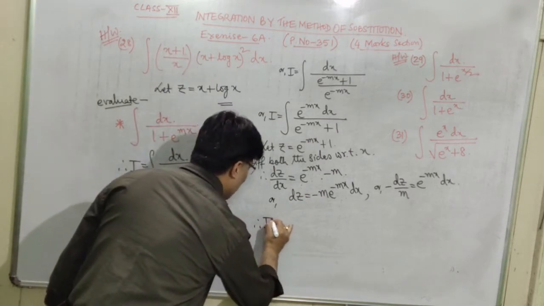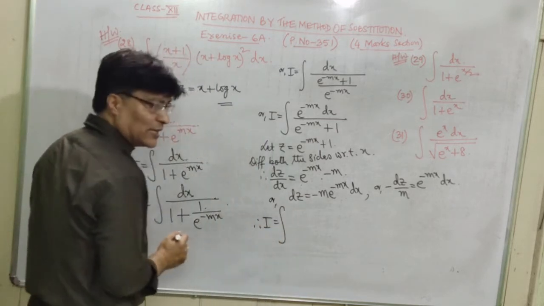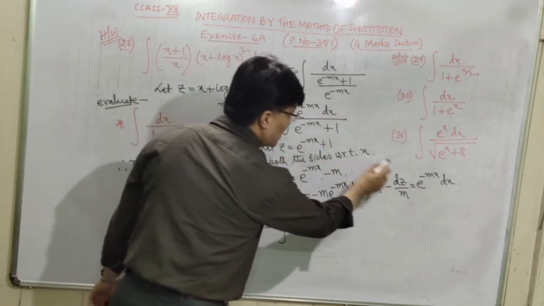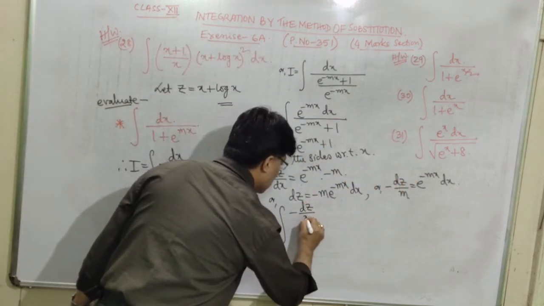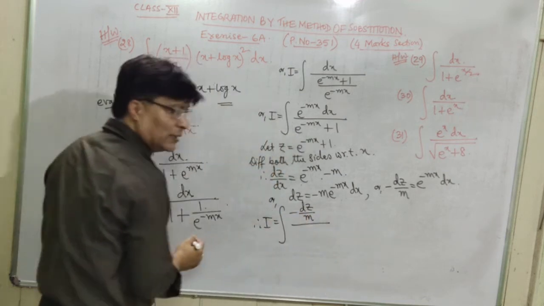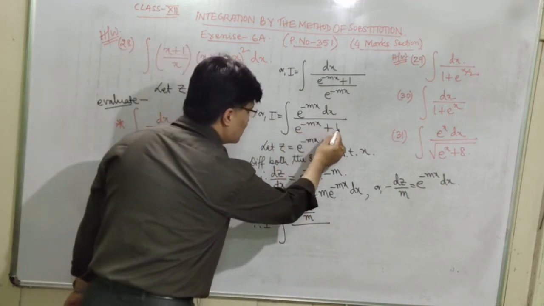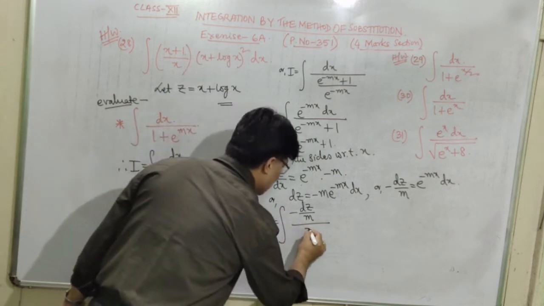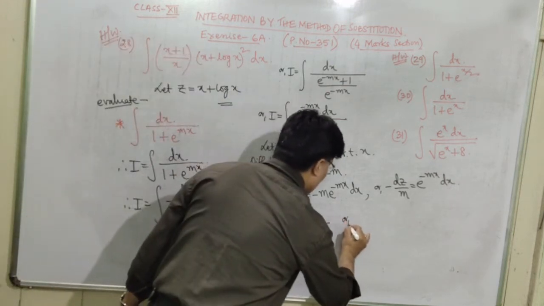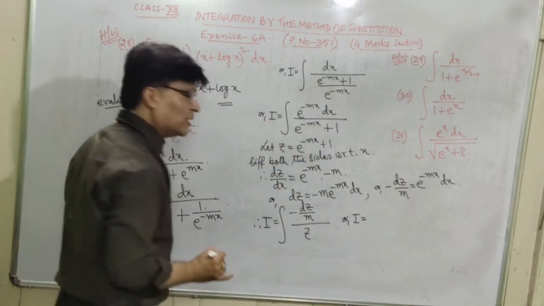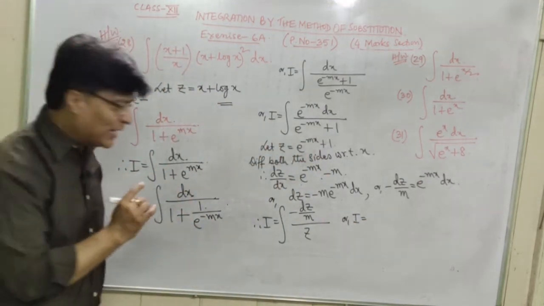So therefore I is equal to integral sign, what is e to the power minus mx dx? It is minus dz upon m divided by, what is e to the power minus mx plus 1? It is assumed as z. Is that clear? Next, or I is equal to, which is constant out here? Minus 1 upon m.